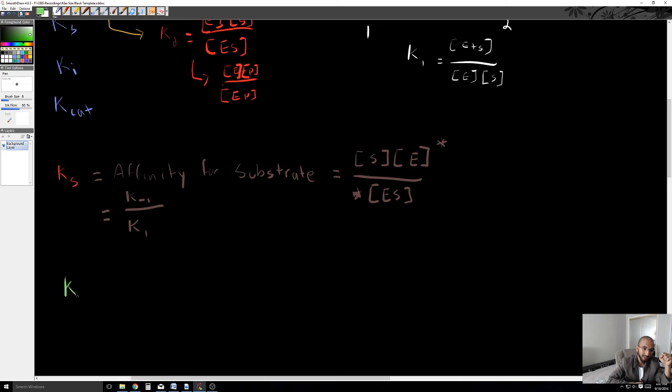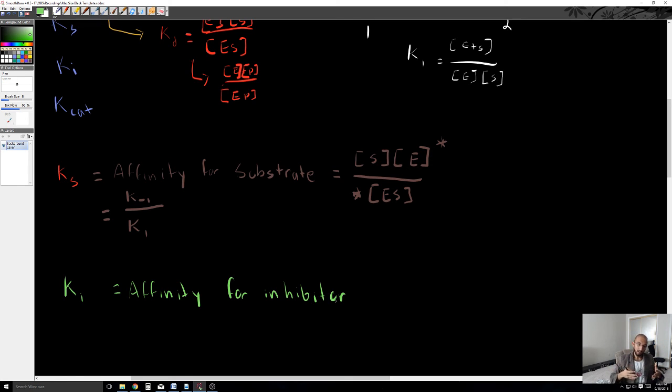And we'll do Ki real quick. Ki is the same thing as Ks, but this is affinity for inhibitor. So once again, it's a dissociation constant. It would be enzyme substrate in the base, and enzyme inhibitor complex in the denominator, and enzyme and inhibitor separately in the numerator.